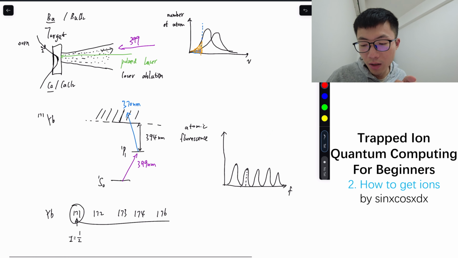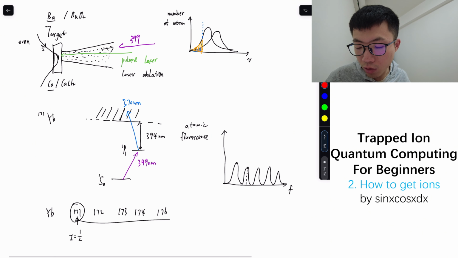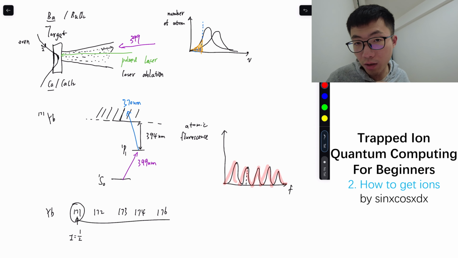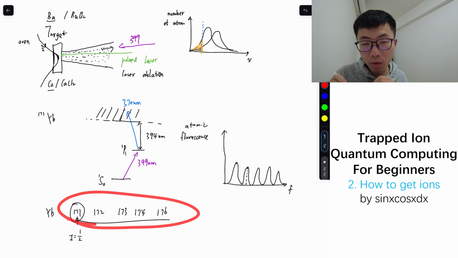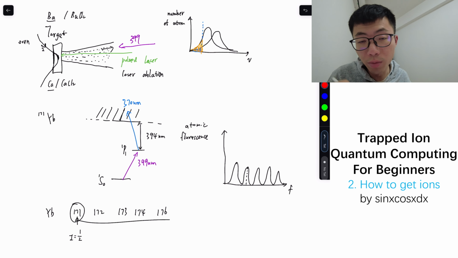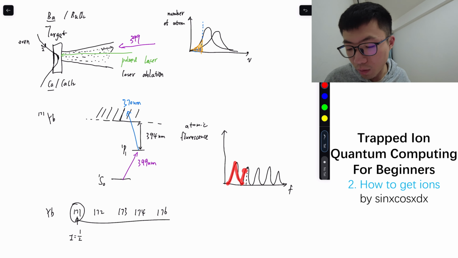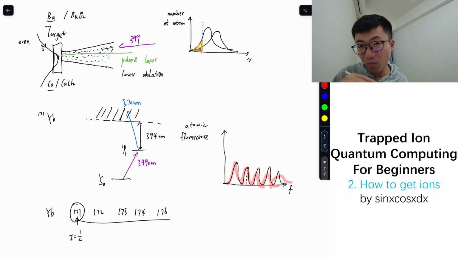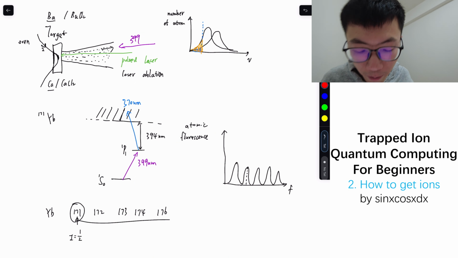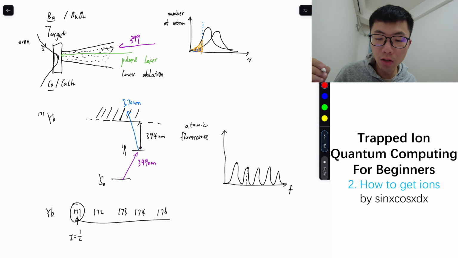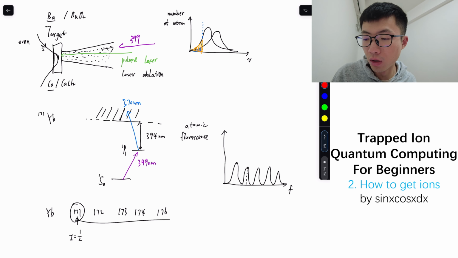It means that this line could be broadened, and the peaks of different isotopes will no longer be resolved, and then you will no longer be able to differentiate different isotopes. So it is not appropriate to send the 399 laser in this way.